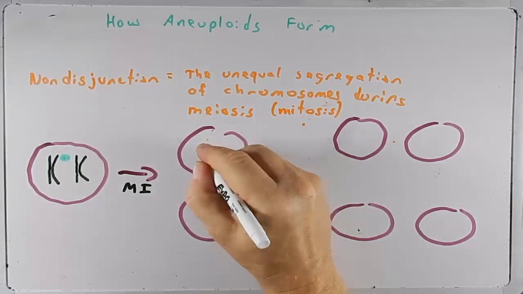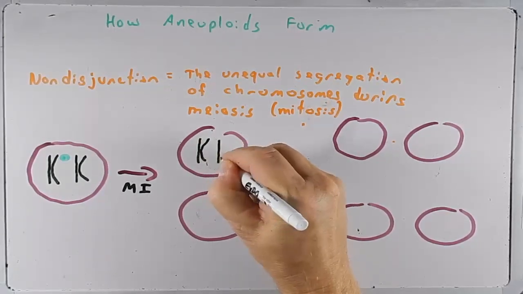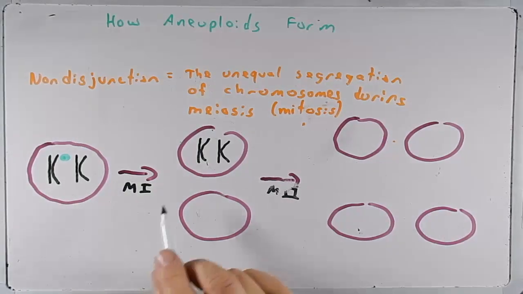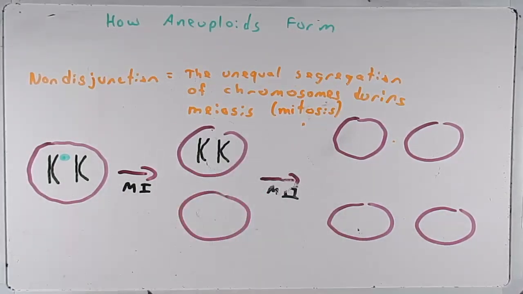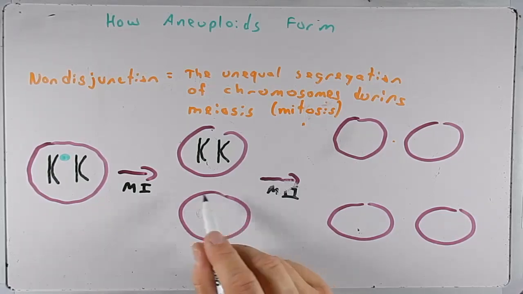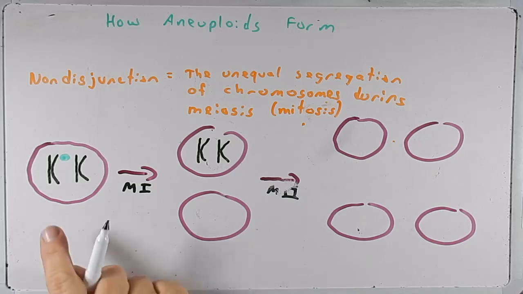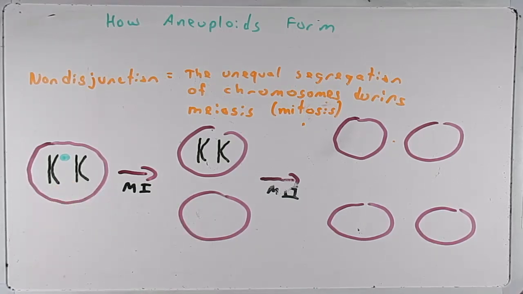So you could end up with a situation like this, where both of the pairs of sister chromatids here don't separate, and they end up in the same cell, and nothing in this one. Now remember, it's not really nothing because the other 22 pairs of chromosomes did segregate properly. When this happens, it's not universal and every single chromosome sticks together. It's usually just one of them.